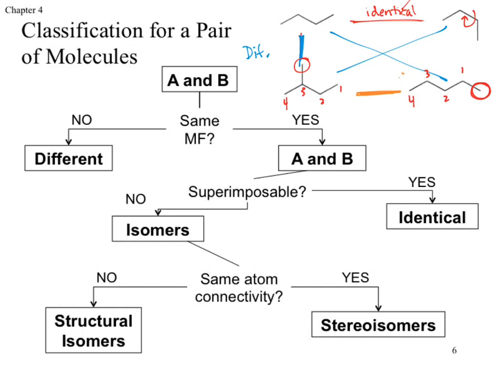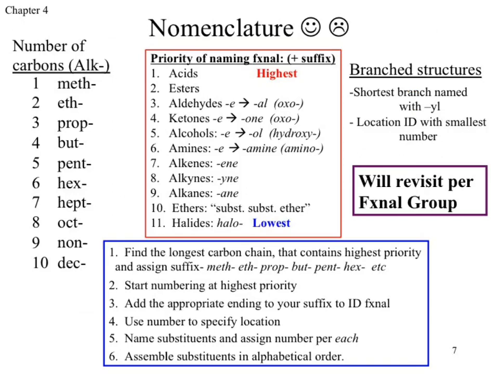Okay. So nomenclature. Now we actually want to be able to name these things. This slide should look familiar. This was our overall summary of everything. What we're going to focus on primarily within this chapter would be which section of our nomenclature? Our alkanes.